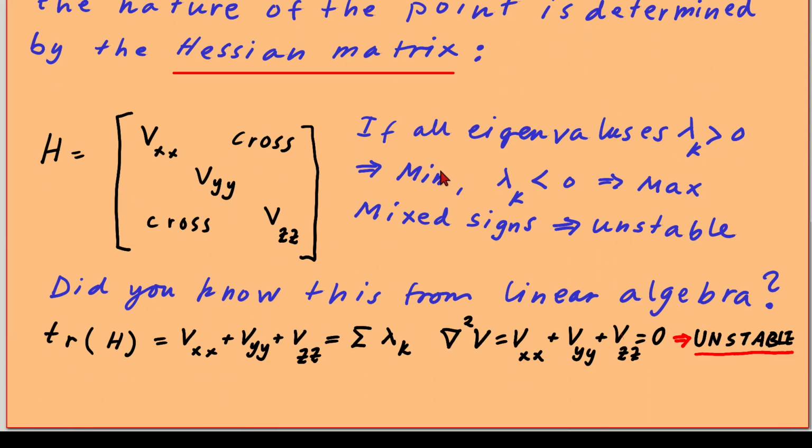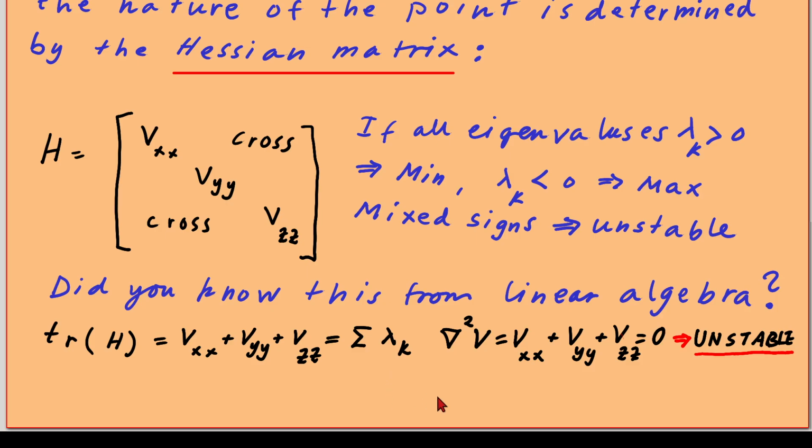And the final proof of this, since you have studied linear algebra, hopefully they taught you that the trace of the matrix H, that is the sum of the diagonal elements, this plus this plus this, happens to be the sum of the eigenvalues of the whole matrix.